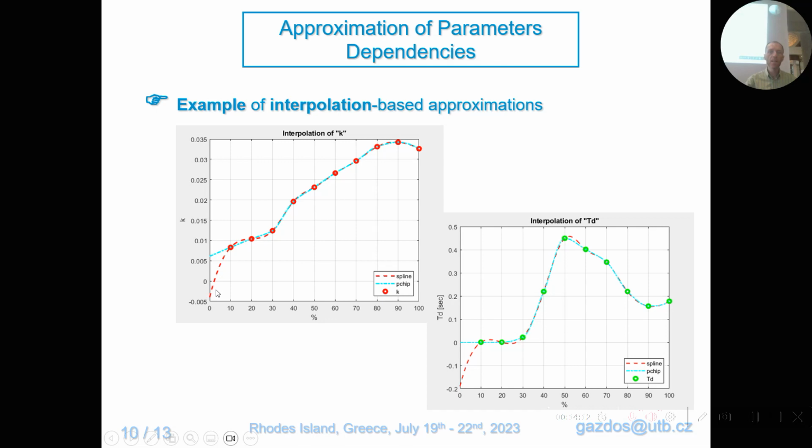As you can see, it's more oscillating, and it even goes to negative values, which is in this case not practically feasible. The same for the time delay term approximated by spline. Again, more oscillating, more wild, and pchip more practically usable.